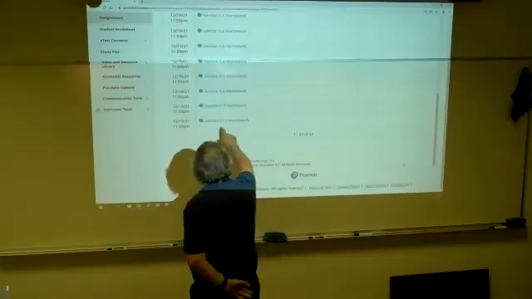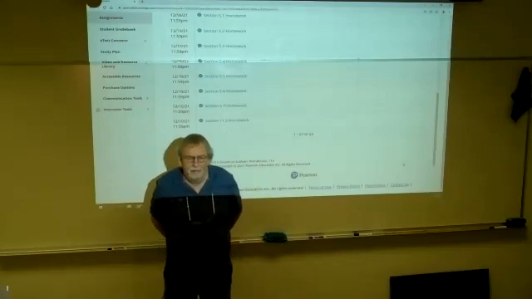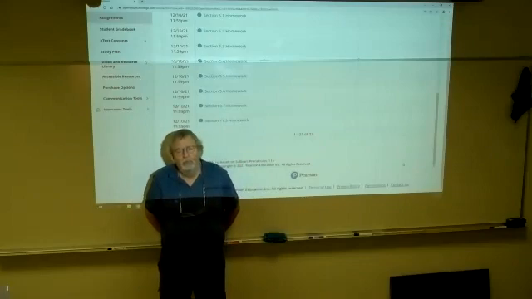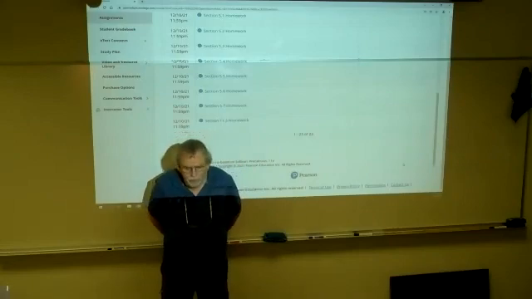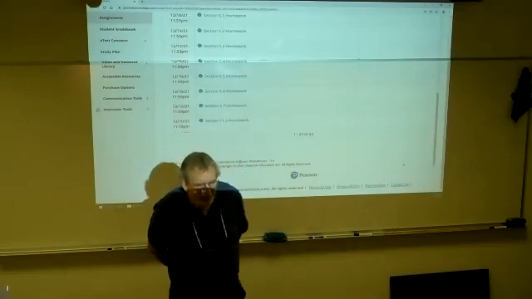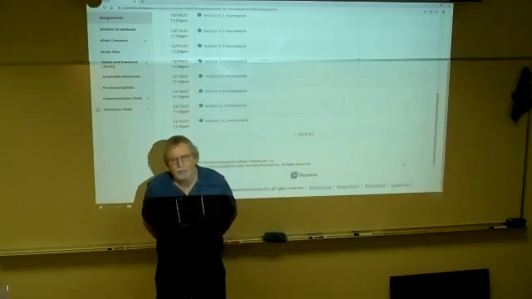Section 11.3 is finding determinants and using Cramer's rule. To use Cramer's rule, you have to find determinants. I will ask you to find the determinant of a 3x3 matrix.